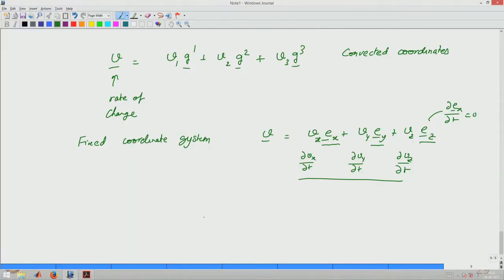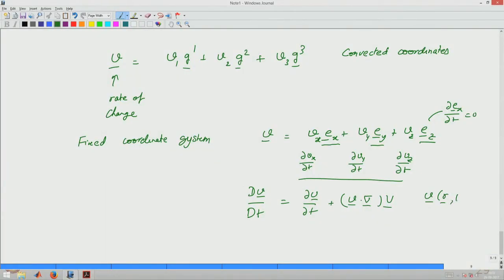For example, if we are looking at acceleration, then this partial derivative of velocity does not signify the acceleration, and therefore, we use the material derivative to signify the acceleration of the material particle, which is the total derivative dV by dt, which we note is del V by del t plus V dot del V. And this is a consequence of the fact that velocity is a function of position as well as time.